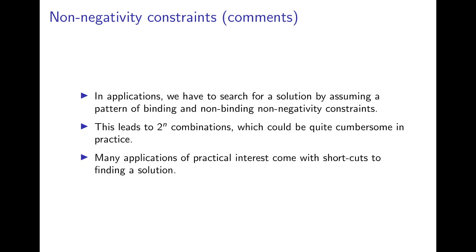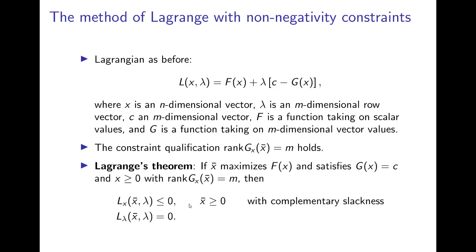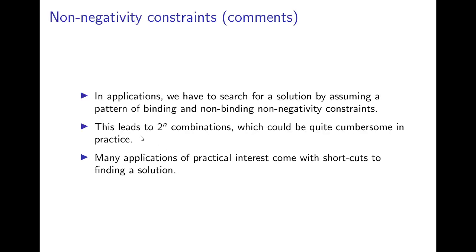So we have to look at the situation when this one is negative and this one is equal to zero, and then we have also to check for all of the situations where these are equal to zero and these are negative, equal to zero. And potentially this can lead to quite many combinations, 2 to the power of n, because we have n different choice variables that we have to look at. And of course, this could easily run into computational problems.